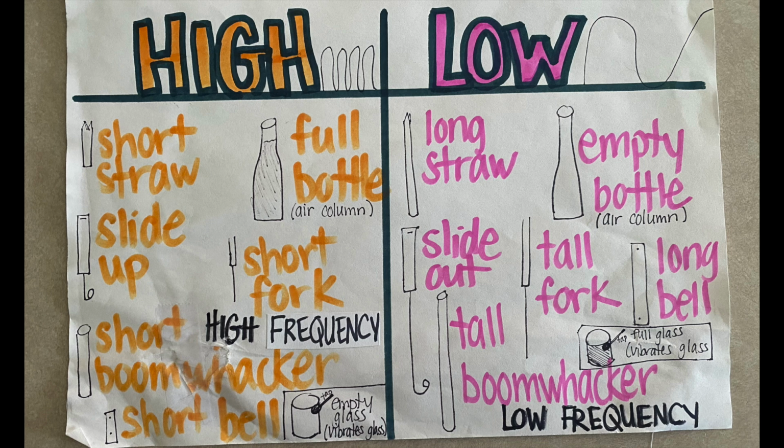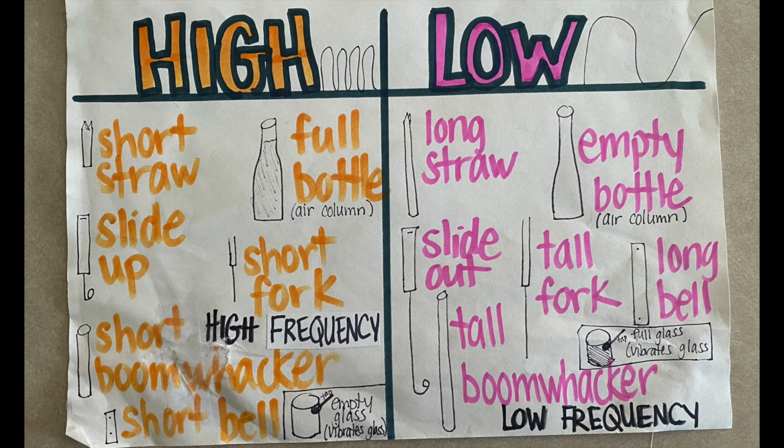High pitches were produced with short straws, the slide up, the short boomwhacker, the short bell, the full bottle with a small air column, the short fork, and an empty glass. We could also say the short panpipe produced a high pitch.